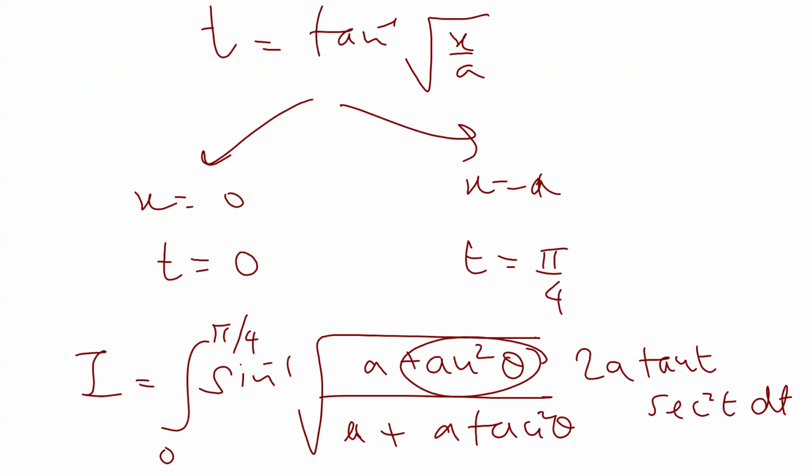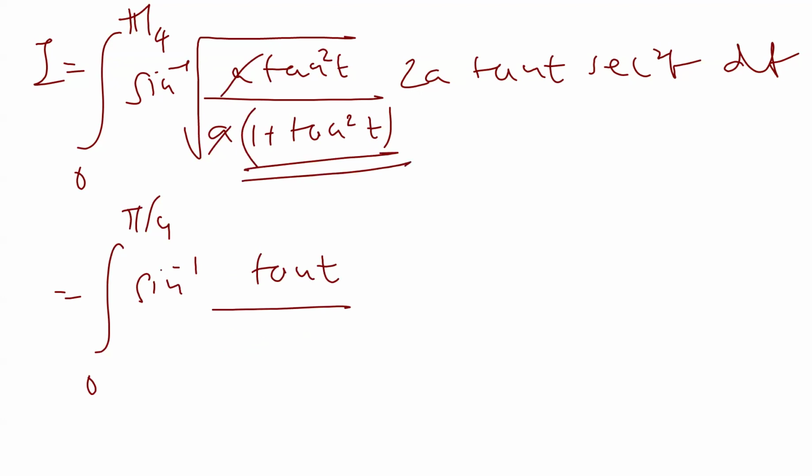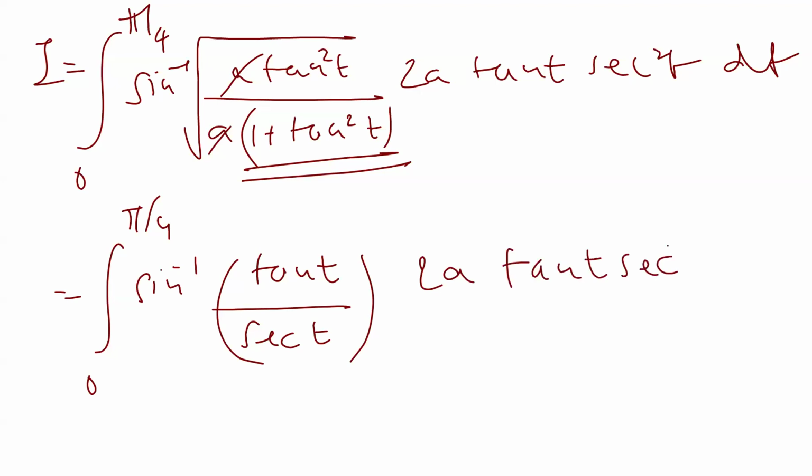Okay, so I just made that mistake. Yeah, so the root goes, this is sec square t, 1 plus tan square t is sec square t. The root of sec square t is sec t. Okay, and this is going to be 2a tan t sec square t dt.